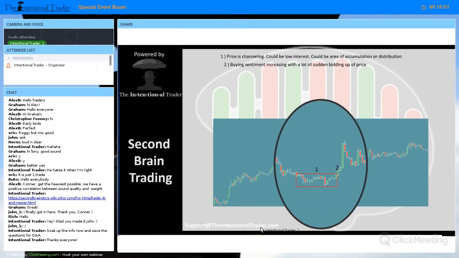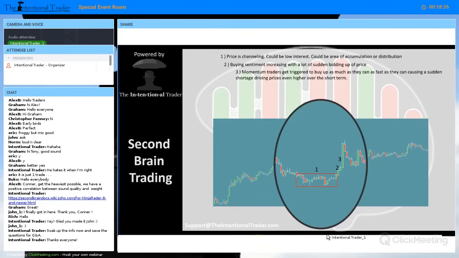It can happen immediately coming out of the channel on one bar, or it could happen over several bars. Usually you're not going to see more than 2 or 3 of these big bars together as we're breaking out of a channel. All right, so we're looking for this sudden bidding up of price.